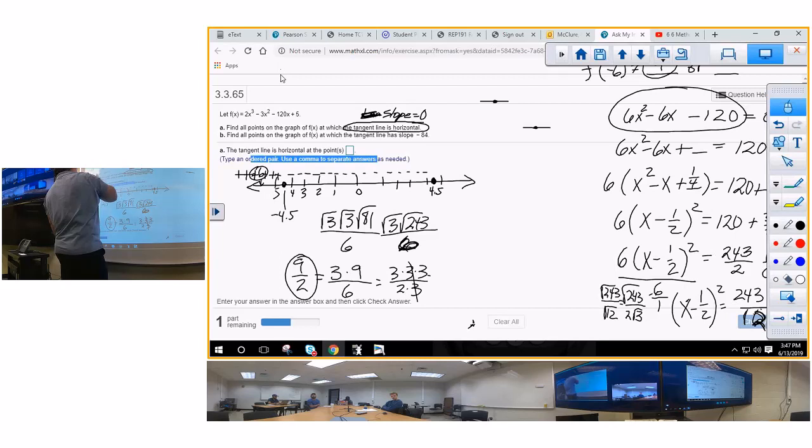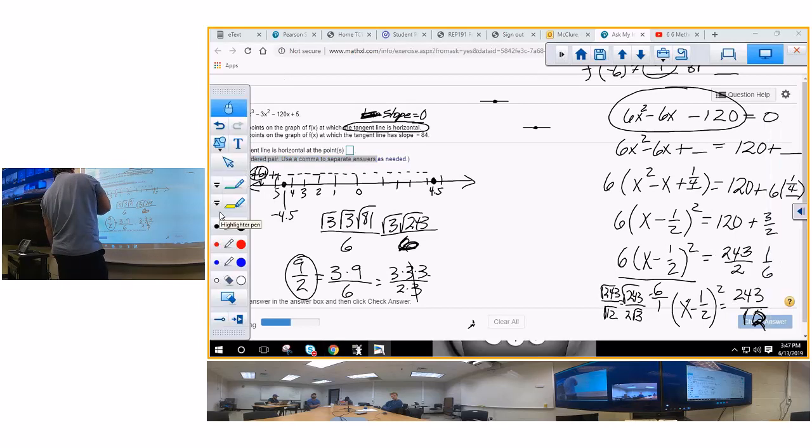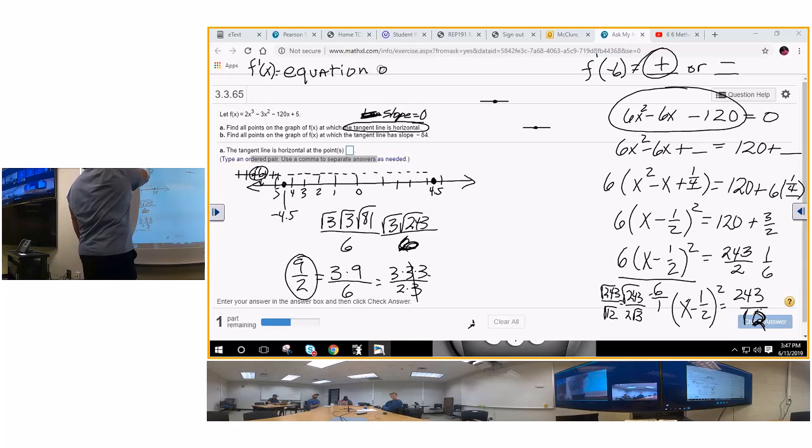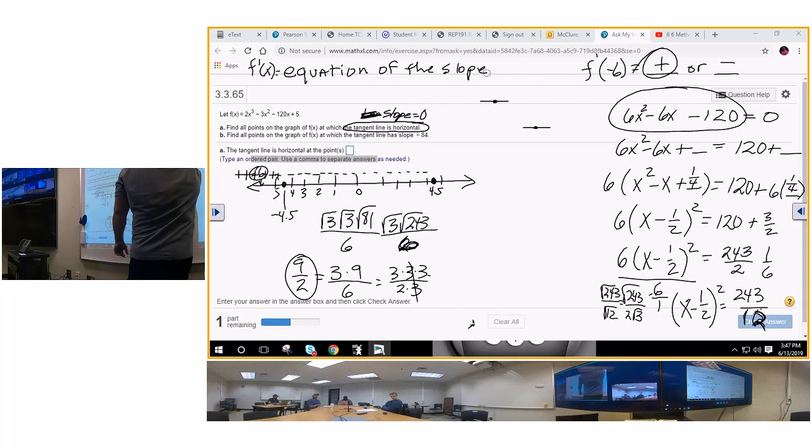So the first derivative gives you the equation for the slope of the tangent line. I told y'all that a long time ago. The first derivative, f prime of x, gives you the equation of the slope of the tangent line.